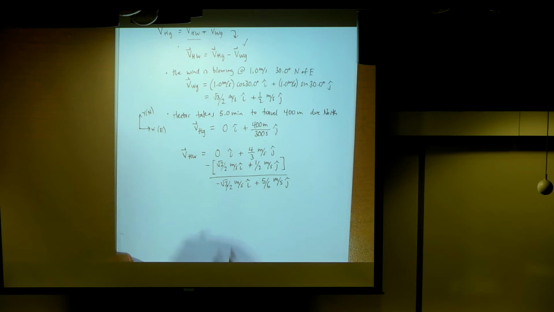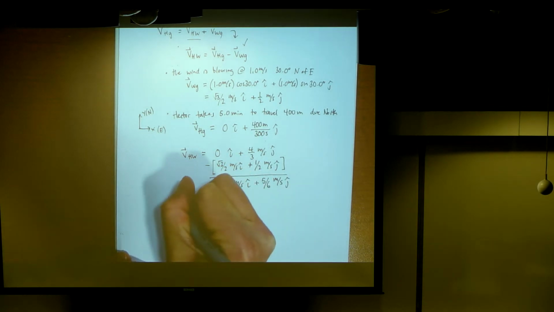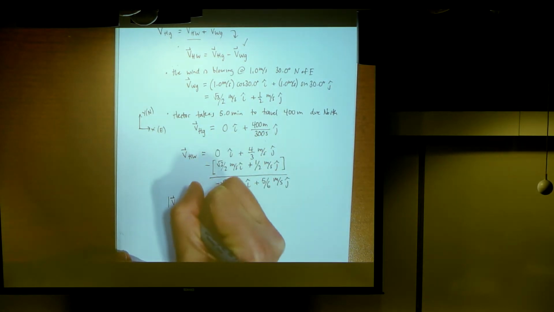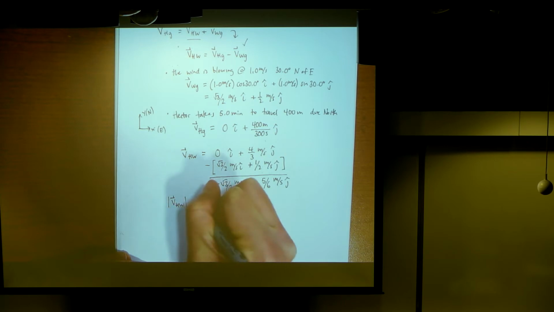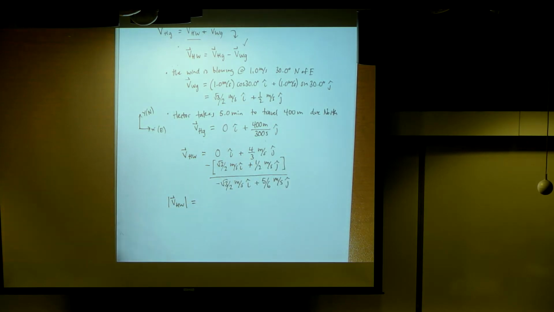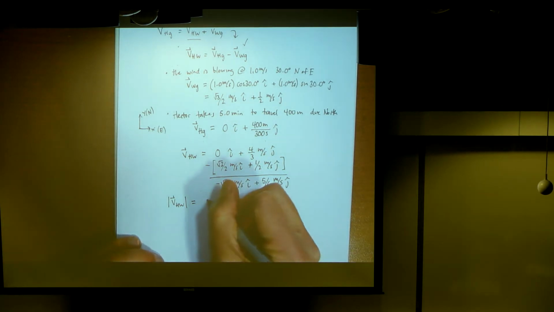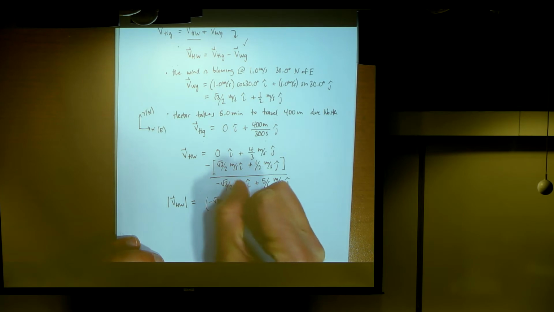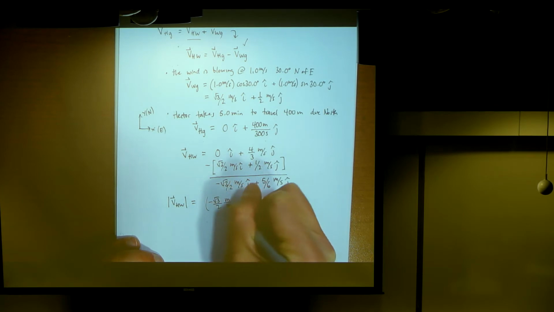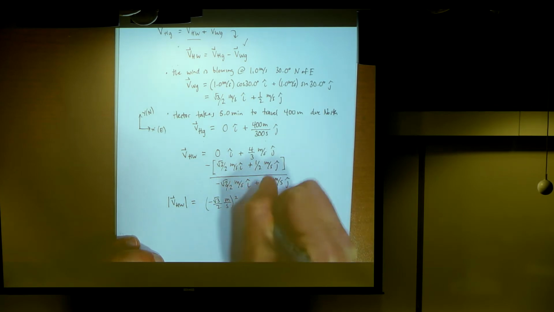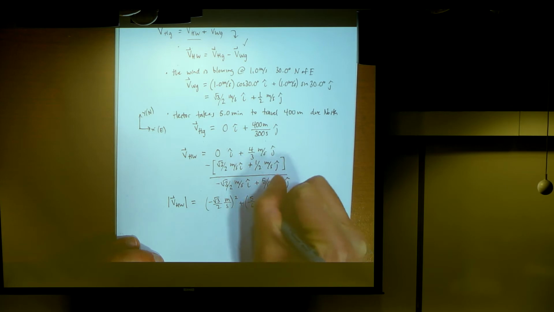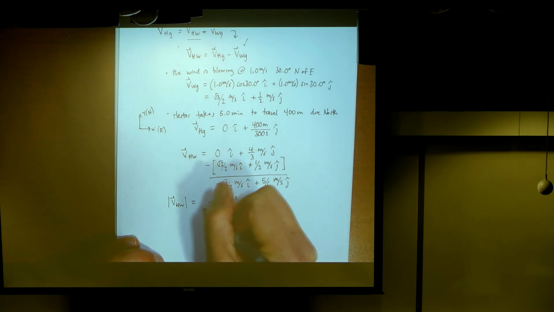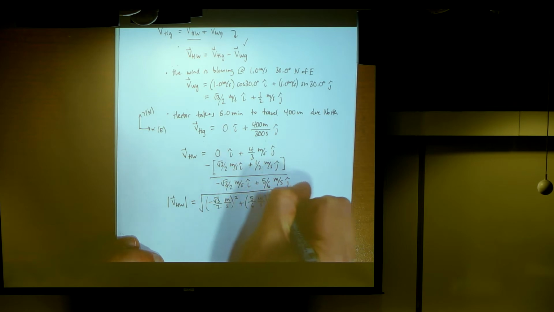So the last thing we would do is take the magnitude of that. Because that would be Hector's speed relative to the wind, which tells us basically how fast is he capable of flying. We want to know that. This is minus root 3 over 2 meters per second, square that, plus 5/6 of a meter per second, square that, and then take the whole thing under the radical.